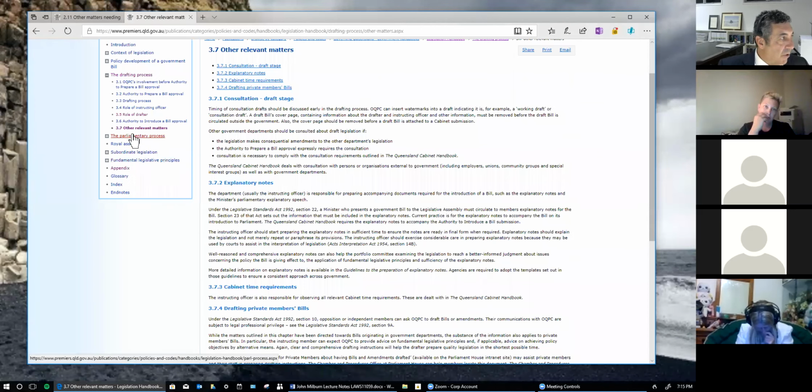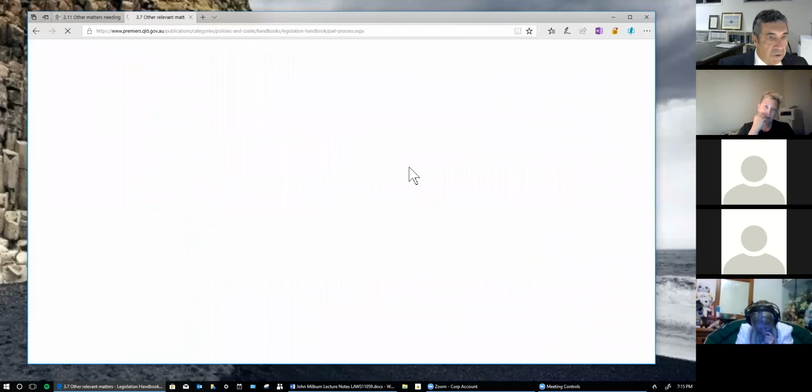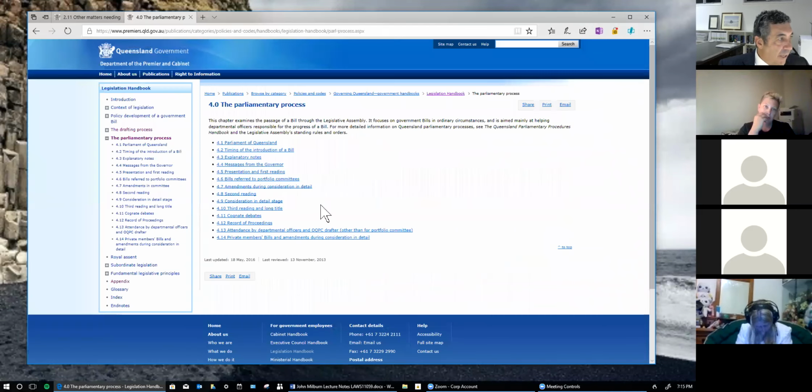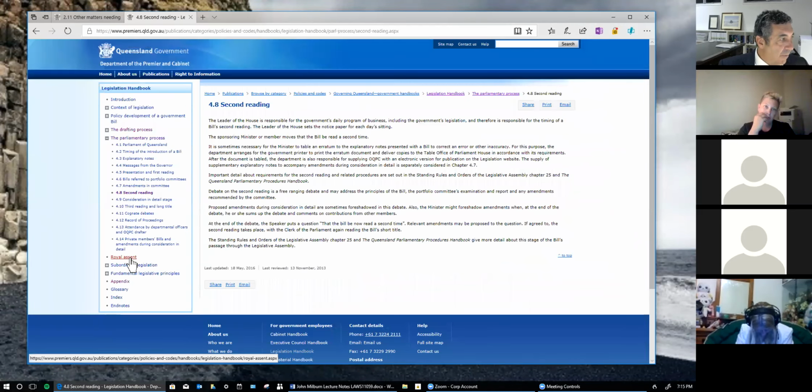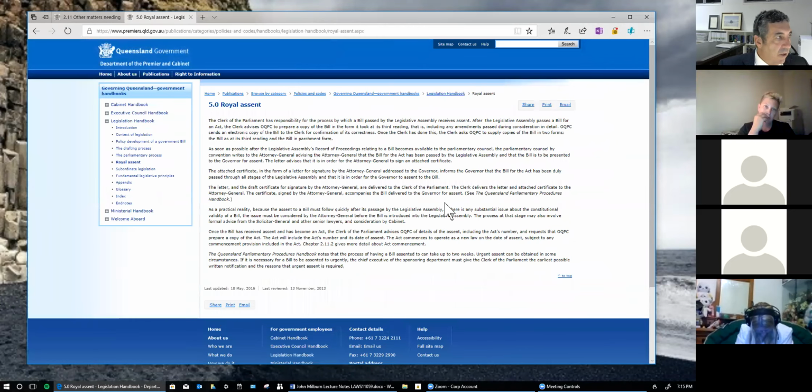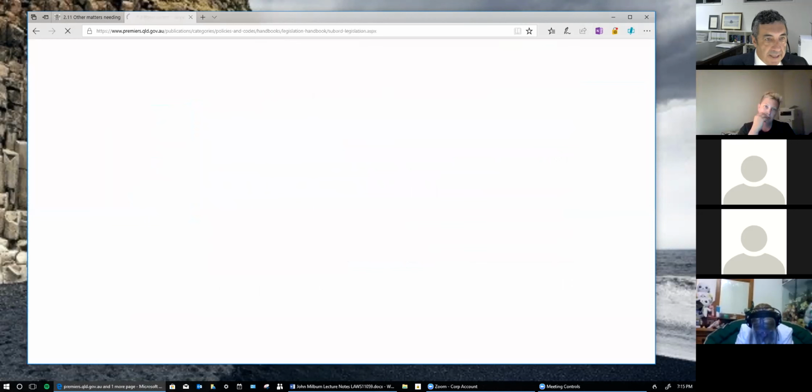Other things that you might be interested in under the heading of the parliamentary process, 4.8 deals with issues to do with the second reading. And under Part 5, generally, we have the issue of royal assent. Then, as I mentioned briefly, we have issues to do with subordinate legislation, which is in Part 6.